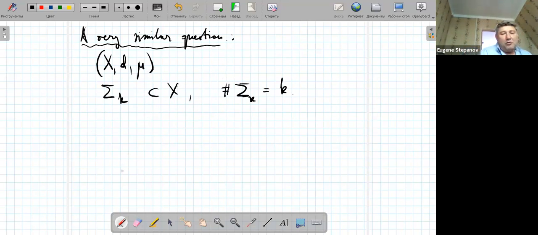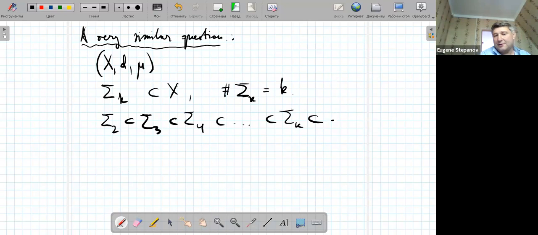Suppose for simplicity that the sequence of sets is increasing: sigma_2 is a subset of sigma_3, a subset of sigma_4, and so on.